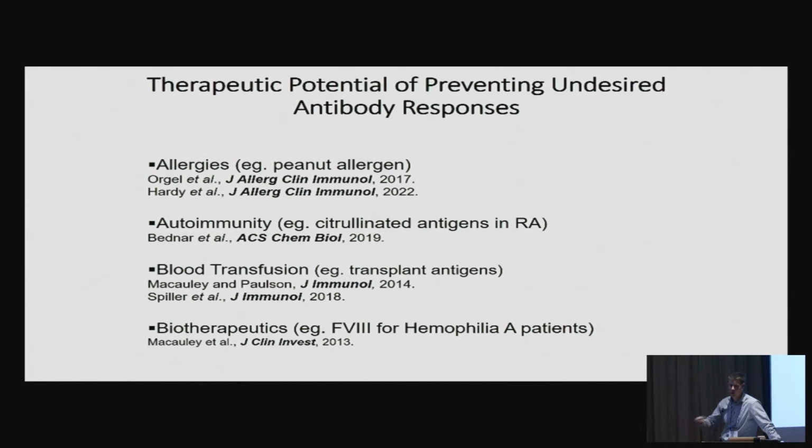We all know allergies are where our immune system is overactive, and autoimmunity, transfusion, biotherapeutics are all places where, if you could strategically knock down immunity, this would be useful. And so we've applied siglec ligands to selectively dampen immunity in these examples. I'll let you look through those if you're interested.